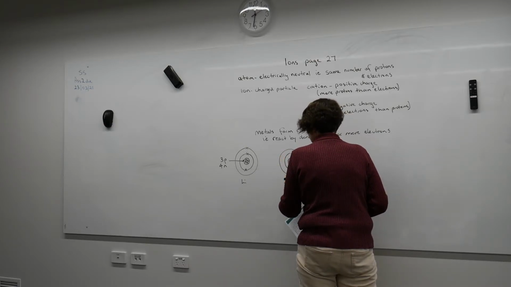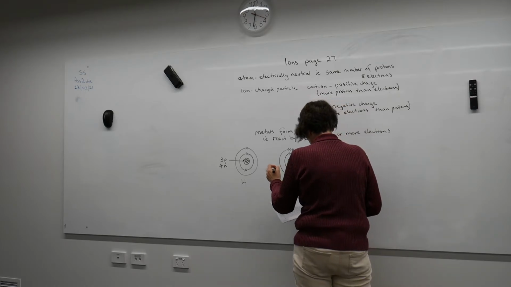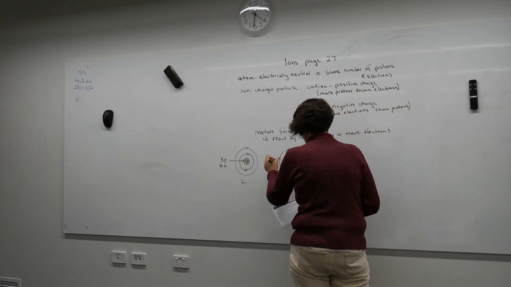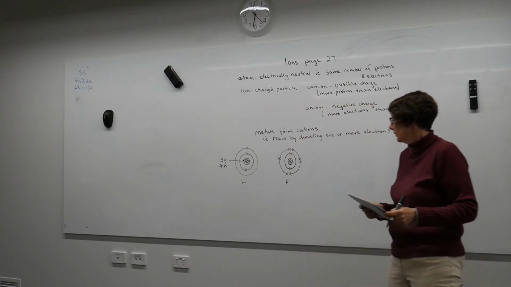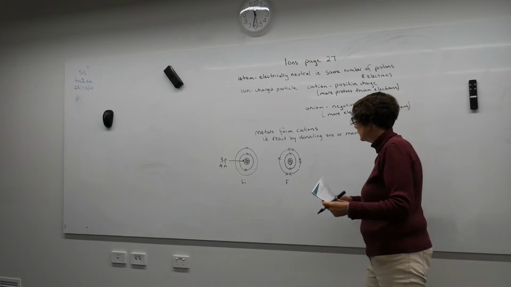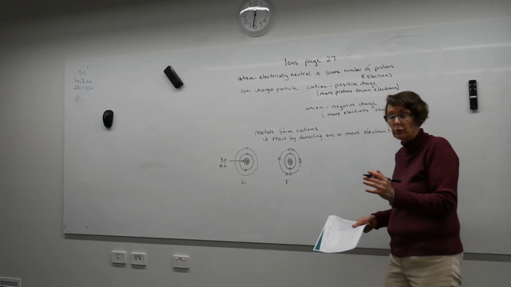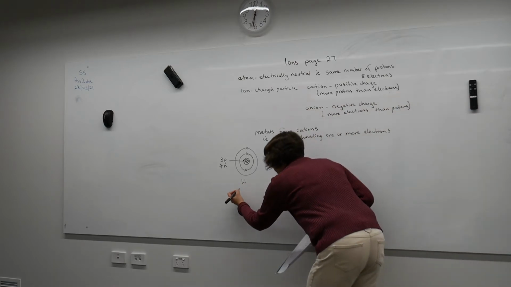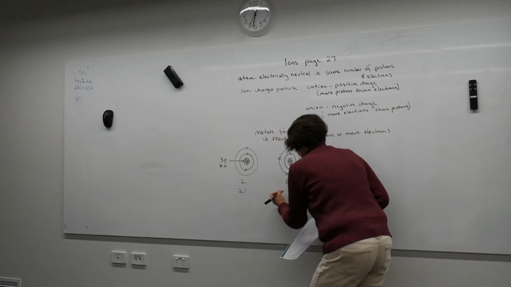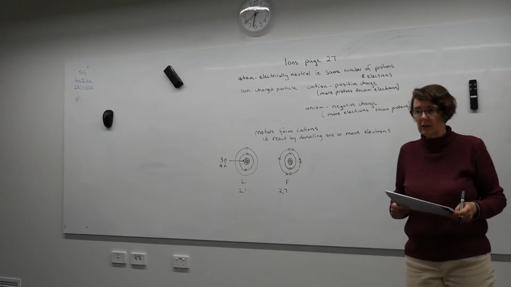This is the fluorine atom. This one has 9 electrons. If we write out our electron configuration, lithium would be 2, 1, and fluorine would be 2, 7. Does that make sense?